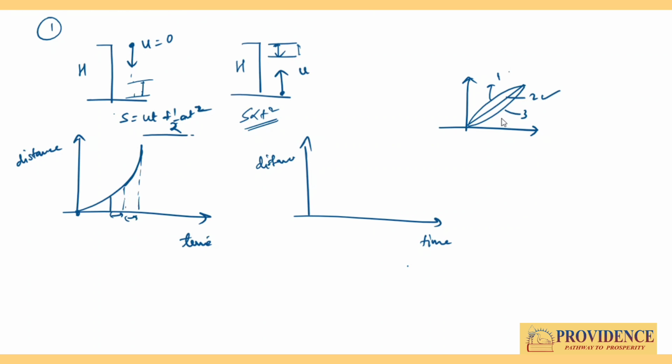So for this second it covers lesser distance, and for this particular second it covers much more. This only happens if the velocity is gradually increasing, isn't it?